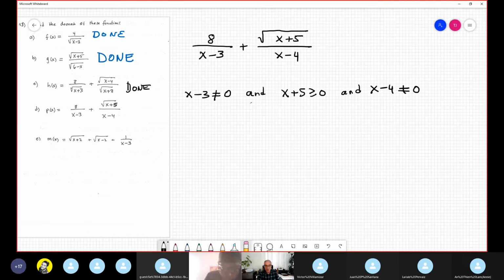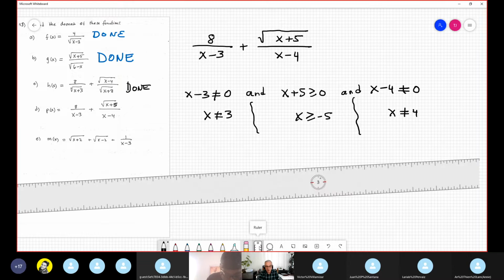We have one more time a compound inequality, we solve it one by one. x not 3, x greater than or equal to minus 5, and x not 4. And this is a little bit special because when you have no greater than or less than symbol, you have no equal.